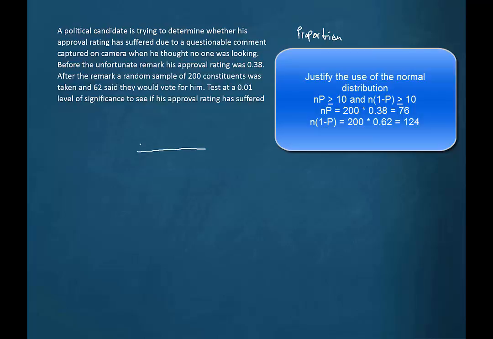So let's draw our curve. And right here in the center would be our hypothesized proportion, 0.38. Now the question is, has his approval rating suffered? Which means, is it less than 0.38? So we don't care about any of this up here to the right.